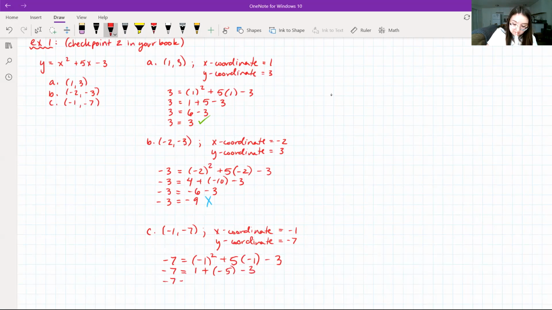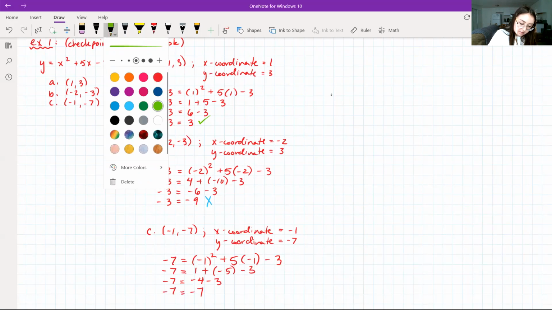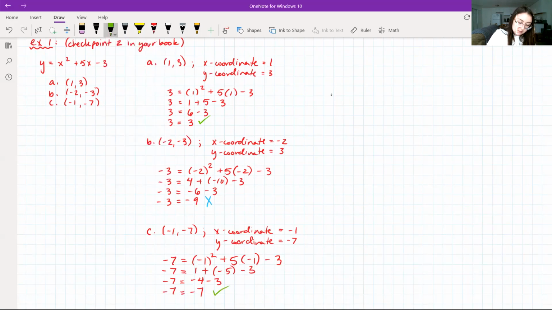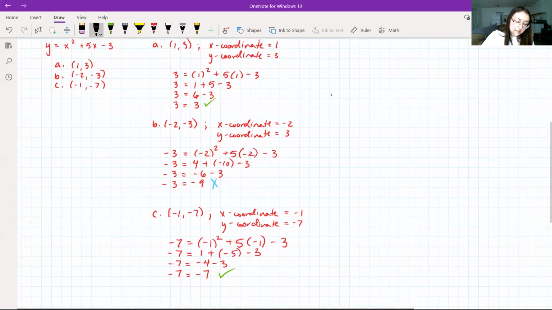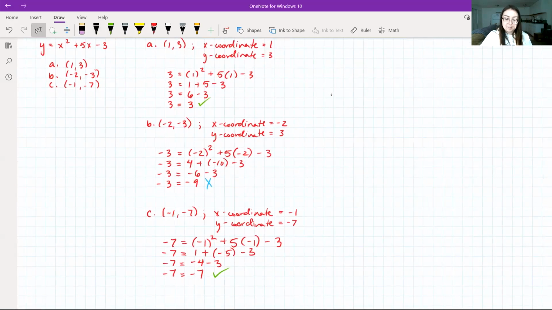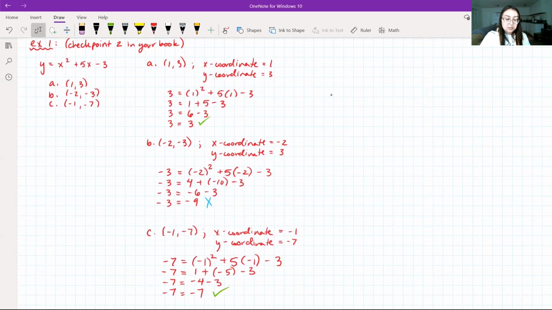So we have -7 is equal to 1 plus -5, which is going to be -4, minus 3, which will give us -7 is equal to -7. So we have that solutions of our equation will be the ordered pairs (1, 3) and (-1, -7), and not (-2, -3). So by doing this, we have found two solutions of our equation.